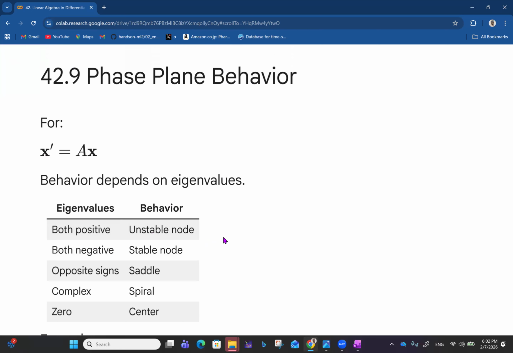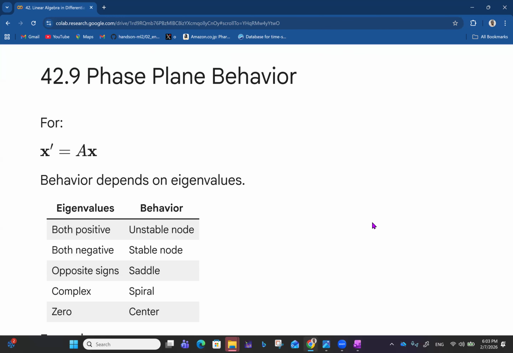In the case of an unstable node, you have divergence. Then if they are opposite signs, you have a saddle, like a kind of confusion. If you have complex eigenvalues, you have spirals, maybe spiraling in or spiraling out. Then if the value is 0, then it's a center, like a limit cycle. I think I explained that in the previous video.